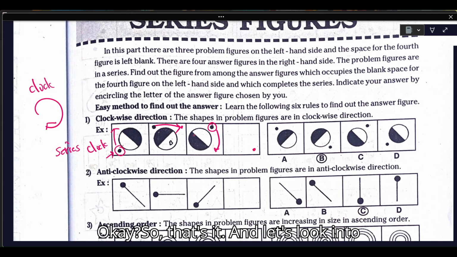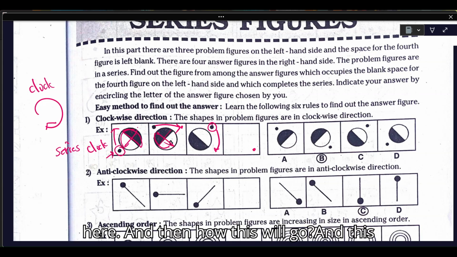Okay, that's it. And let's look into the inner circles, this half shaded part. This shaded part used to be here, and from this it went to this side, and from this it came to here, and then how will it go?